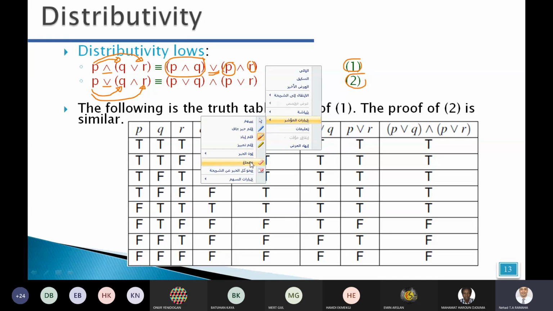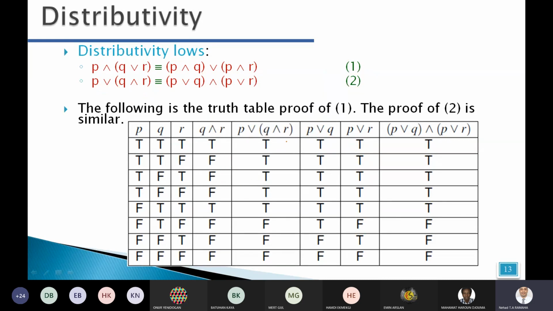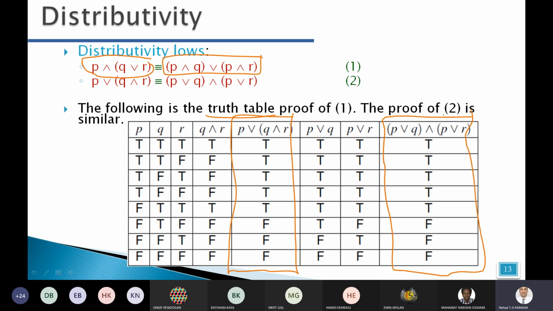We can prove these rules using a truth table. Same idea. We will need the first part and prove it. We proved it here. And we need the second part and get the truth table for it. We get it here. Then you need to check if both sides are identical. If you check both sides identical, true, true, true.